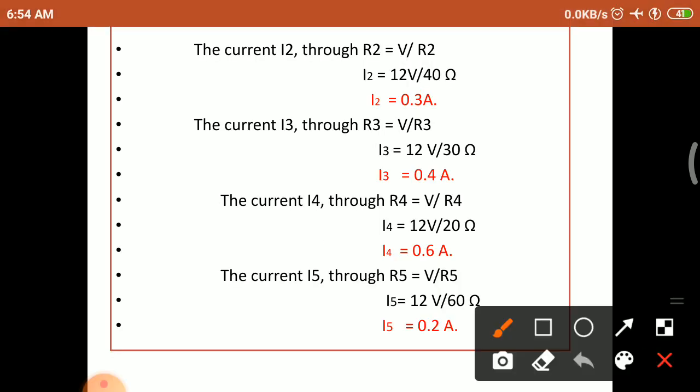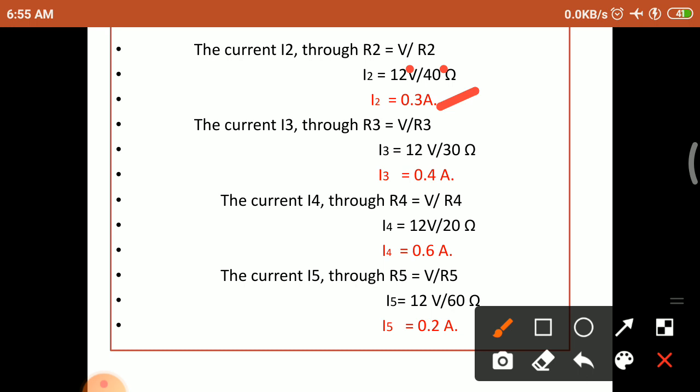In the same way, we have to calculate the current I2 through the R2 resistor. V by R2, the value of V is 12, the value of R2 is 40. If you divide 12 by 40, you get 0.3 ampere. So I2 is 0.3 ampere.